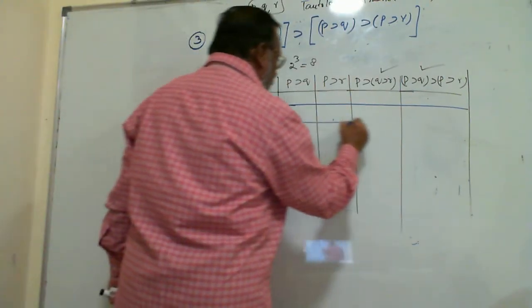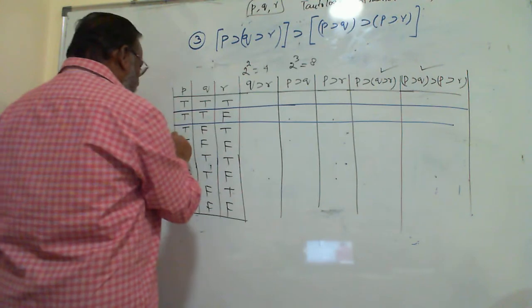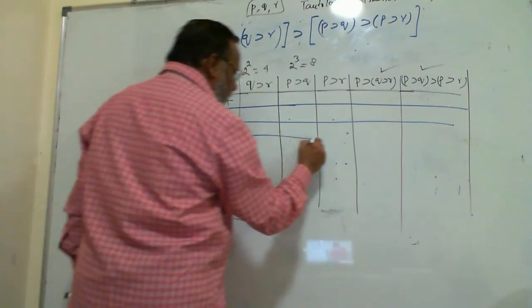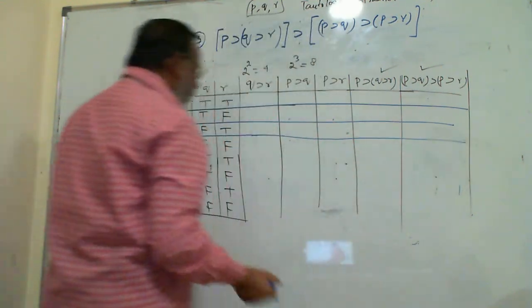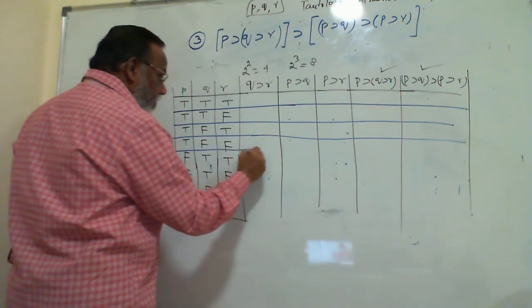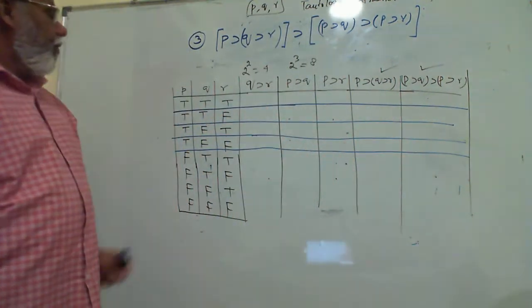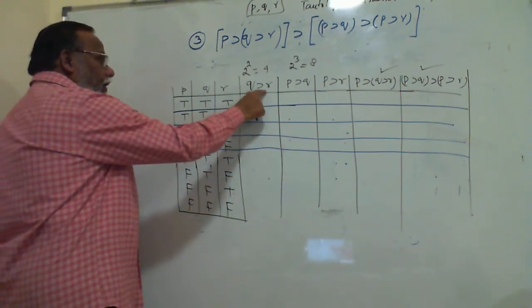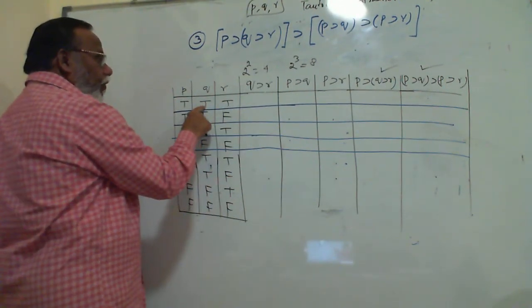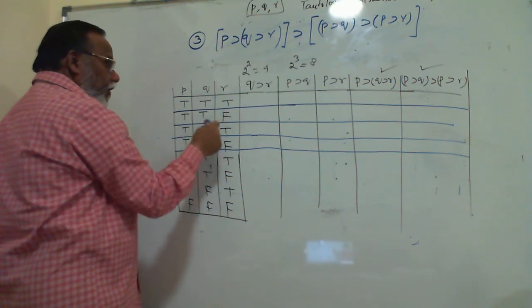I think you will not find it difficult over here because you are now aware of the rules and how it will be completed. For example, for Q implies R, you know that it is false only when the first one is true and the second one is false.